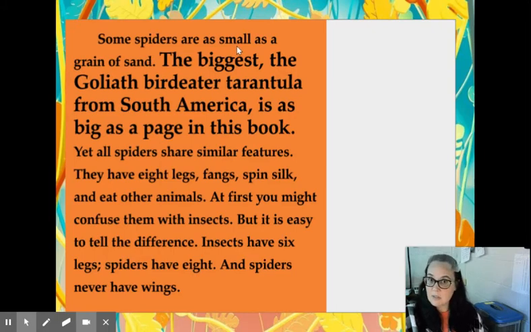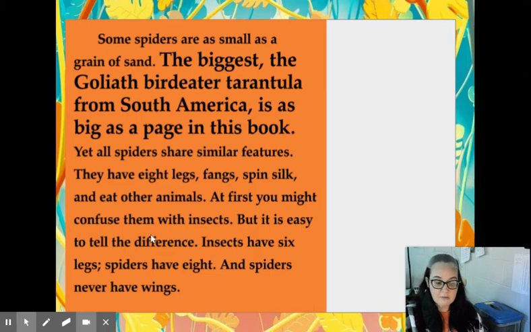Some spiders are as small as a grain of sand. The biggest, the Goliath bird-eater tarantula from South America, is as big as a page in this book. Yet all spiders share similar features. They have 8 legs, fangs, spin silk, and eat other animals.